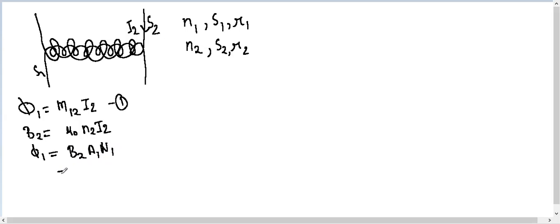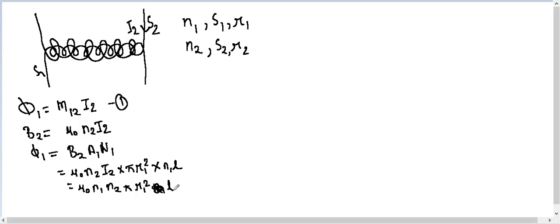Putting in the values, B2 is mu naught N2 I2, A is pi R1 square, into N1, where N1 can be written as n1 into L. Combining the values, phi 1 is mu naught n1 n2 pi R1 square L into I2. Let's name it equation 2.